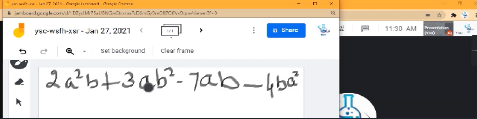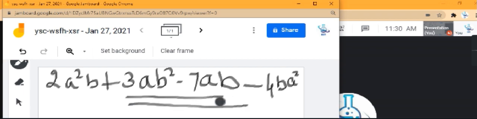Again, if we look at 3ab square and minus 7ab, in 3ab square there is one a and b squared, and in 7ab there is only one a and one b. So they are called unlike terms.